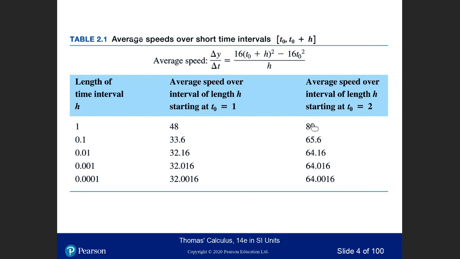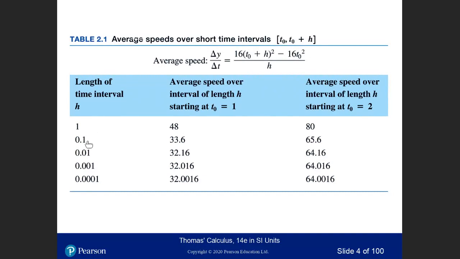So the average speed of this object, if you start measuring from t0 equal to 1, is 48. If you start measuring from t0 equal to 2, that's 80. Here the difference is that the object accelerates more, so when you measure from t0 to t0 plus h later, you have a higher average speed.